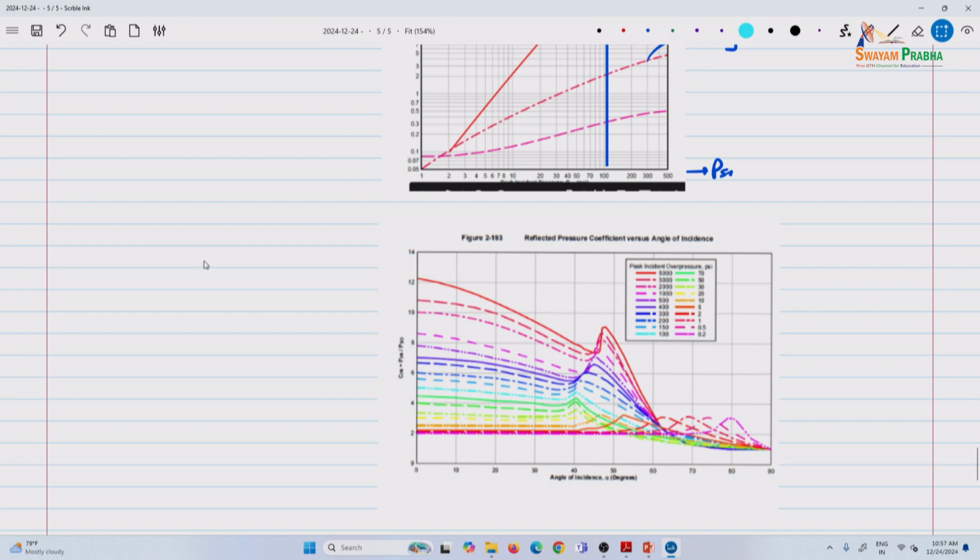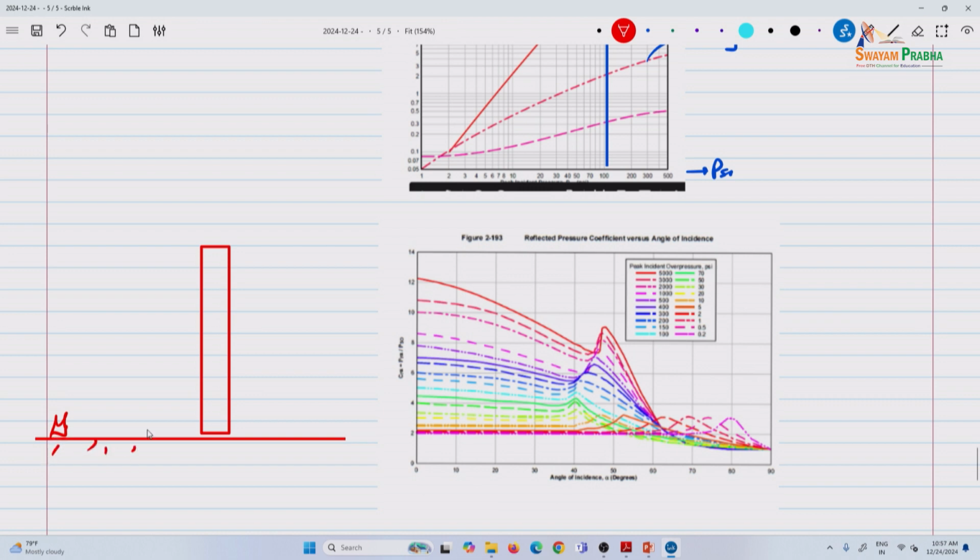The other thing we talked about was the structure, and you have your explosive, and here you have R, and then at this point, for example, you have pressures. Let us say this is P1 and this is P2. This is reflected, and this is your angle of incidence alpha, let us say.